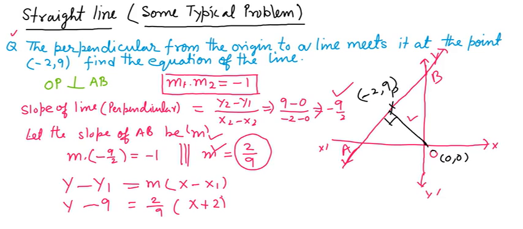After simplification, you will get the result 2x minus 9y plus 85 is equal to 0. Okay, students?